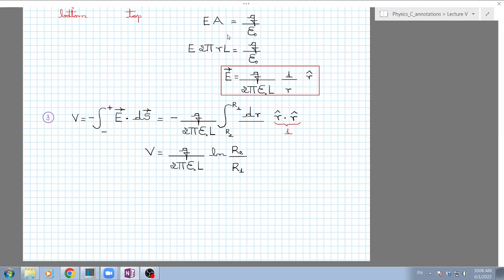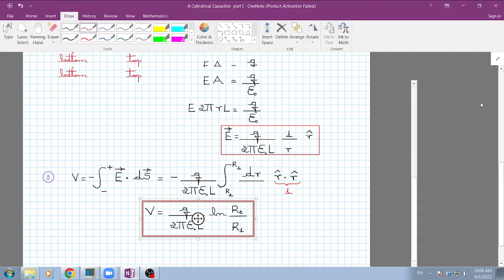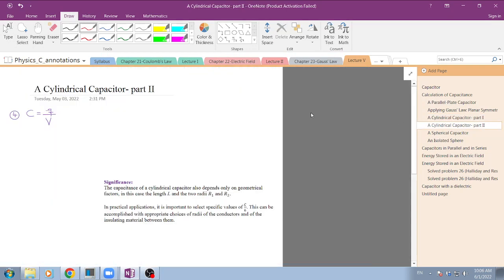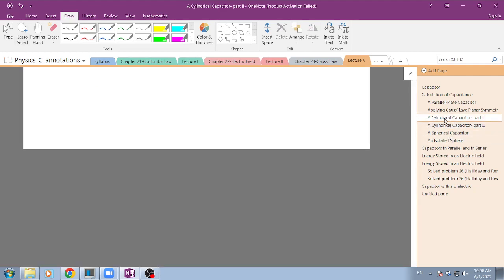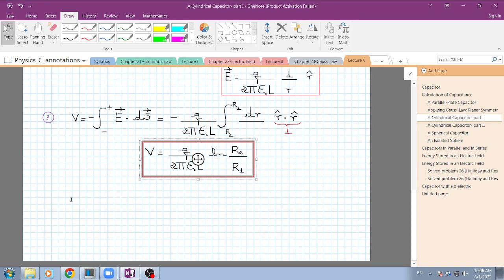Almost there, dudes, almost there. And again, the last step is just to calculate it. That's the easiest one since we have the expression.